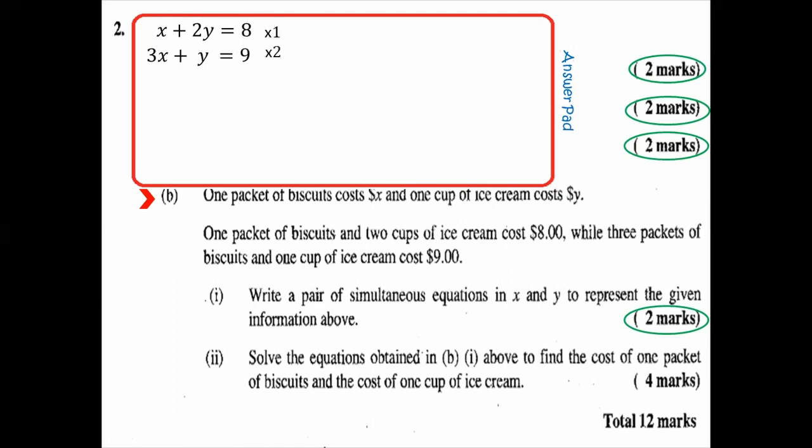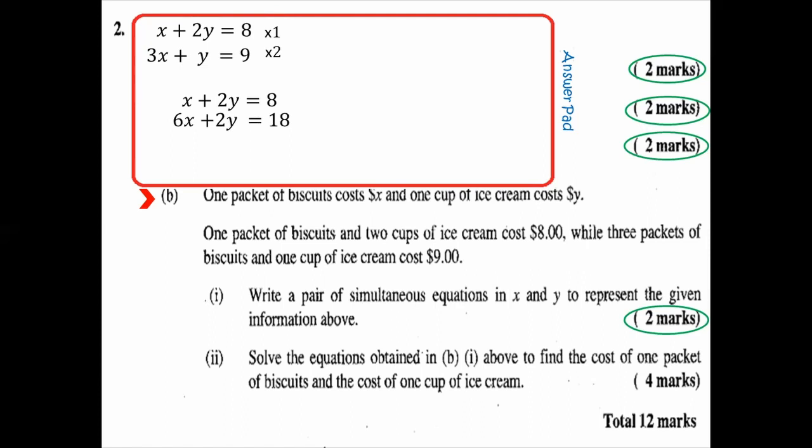We'll be generating another pair of equations. 1 multiply the top equation there will give us the same thing, right? It will not change. 1 multiply that bottom equation there by 2, we'll have 6x plus 2y equal 18, right?